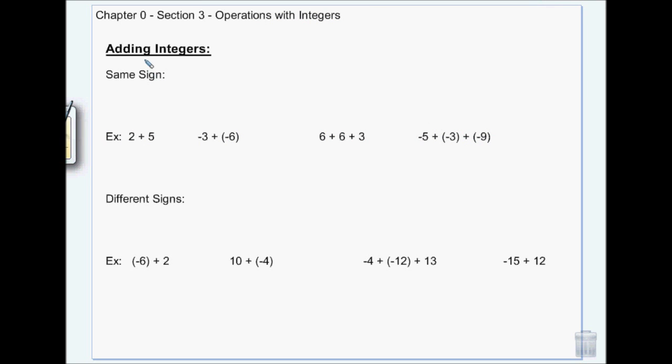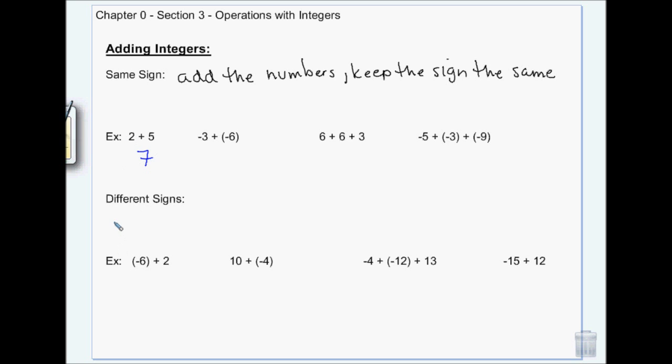If you have the same sign, if they match, you're going to add them together, and you're going to keep the sign the same. Now, if you have two positives, you guys are really familiar with that. 2 plus 5 is 7.